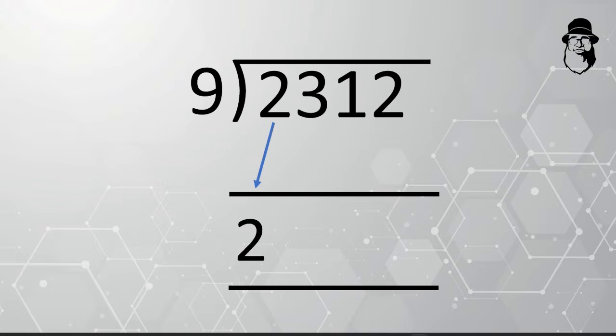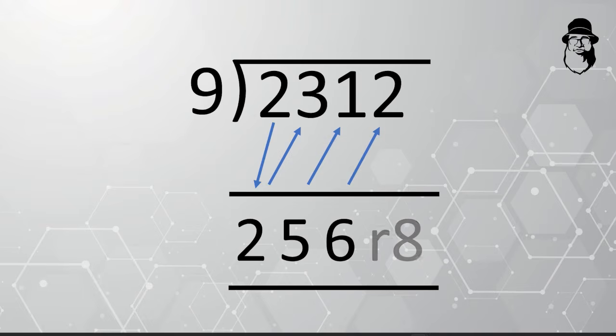Now, this 2 is then added to the 3 in 2312 and 5 is put down. Now this 5 is then added to the 1 in 2312 and 6 is put down. This 6 is then added to 2 to give the remainder 8. Now this is our final answer.